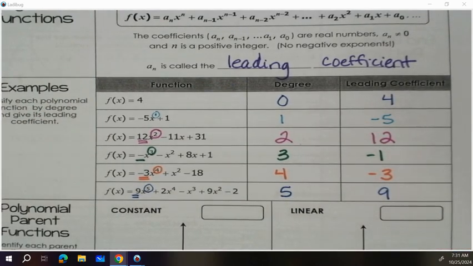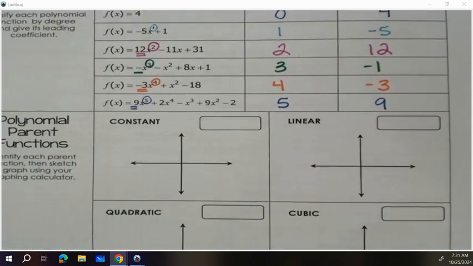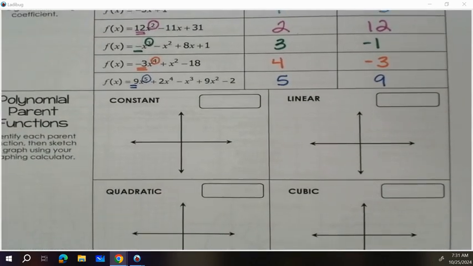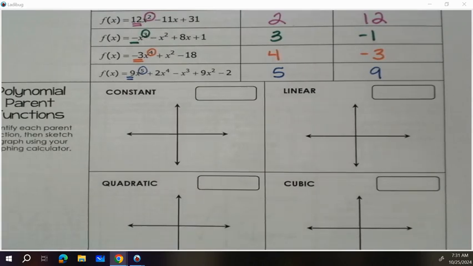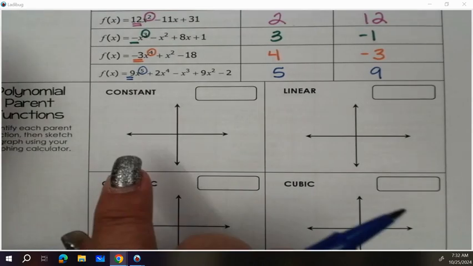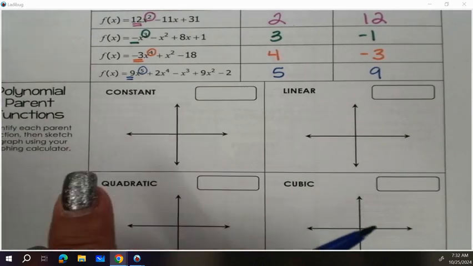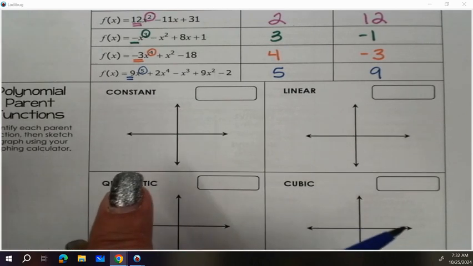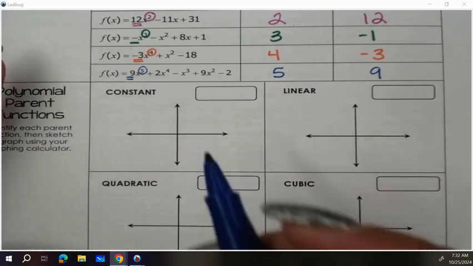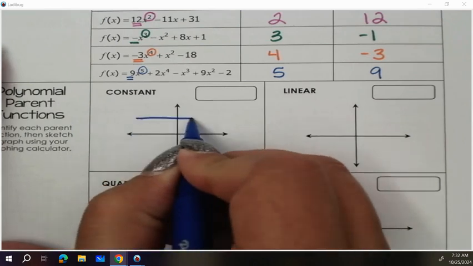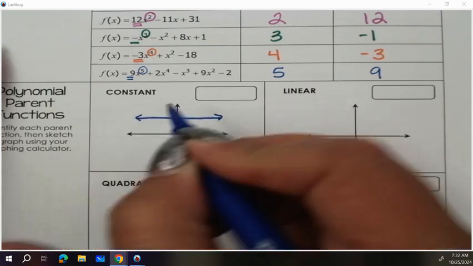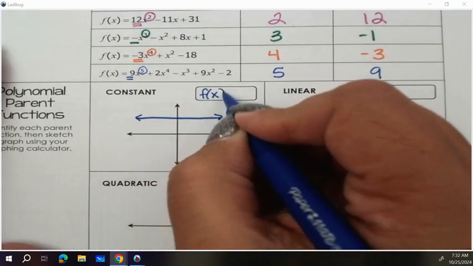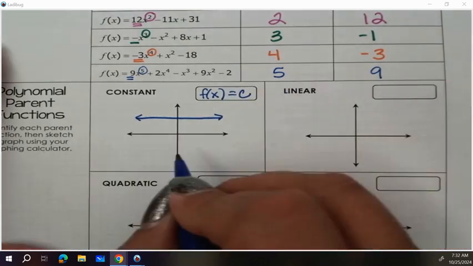All right, we're going to do a little reminder of the parent functions. Okay, start with the polynomial parent functions. These are all on our wall over there. The constant function, though, we haven't really talked about what that actually looks like, calling it the constant, but it's the horizontal line. Okay, so my constant function, f of x equals c, that's our horizontal line.